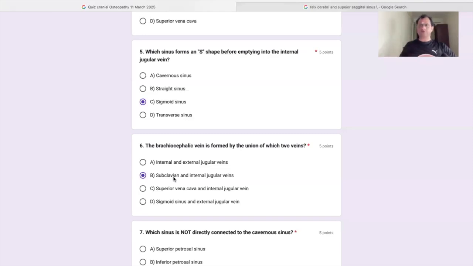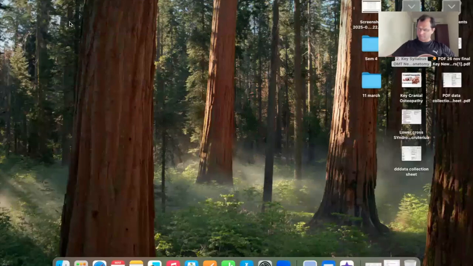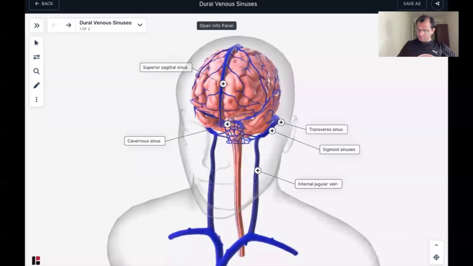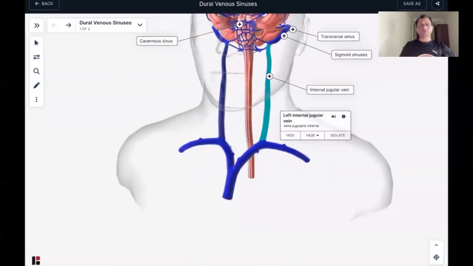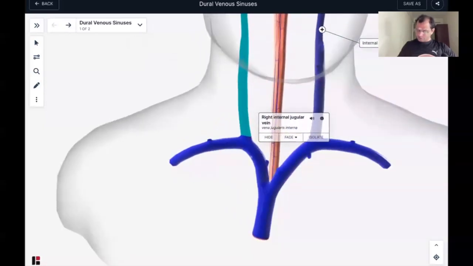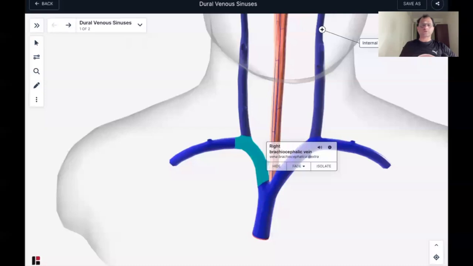You can see this image, then you can develop the imagination, because if you try to just memorize, it will be difficult. Imagination is needed. You can see here the right internal jugular vein and the left internal jugular vein. Let's see the right internal jugular. It is coming down, and on the side, this is the subclavian vein bringing blood from the arm. So this internal jugular vein and the subclavian vein unite together and become the brachiocephalic vein.